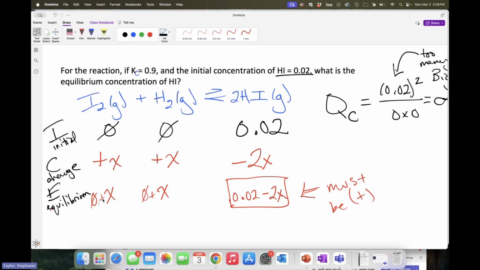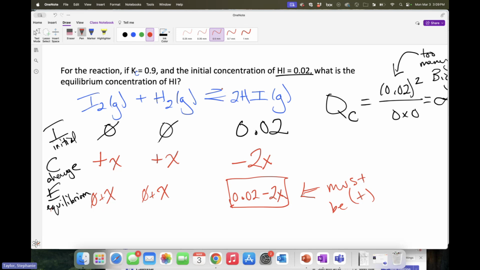So as we're going through, what we're trying to figure out, first of all, was how do we know what the signs are in the change row? We know what to do in the change row because we know which direction our reaction is going.